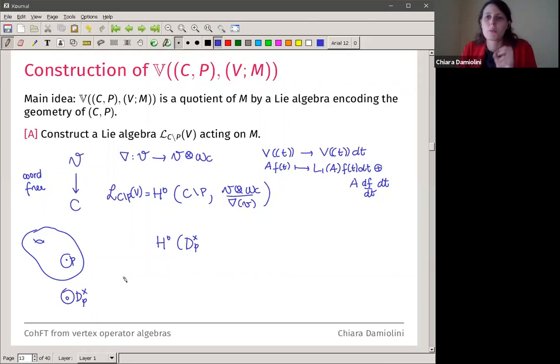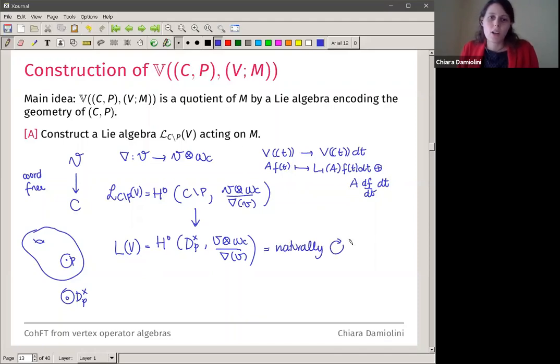It's a disk around the point minus the point itself. And this, let me call it L(V), is a Lie algebra. There is a natural map by restriction of sections. And this naturally acts on M. Well, not really.